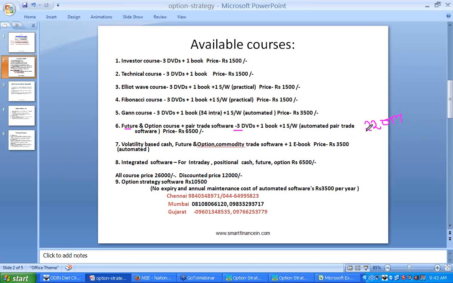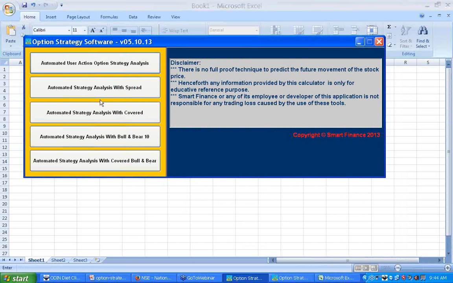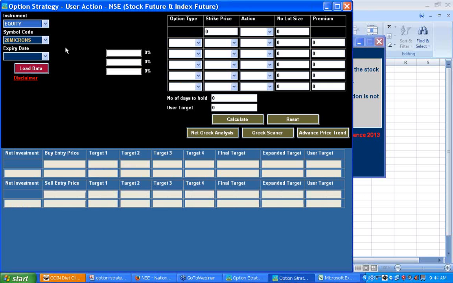Very basic concepts also I have taken there. All these 22 strategies are programmed here. Apart from that, we have a user defined strategy wherein I will be taking some of the strategies now, for you to experience those strategies.